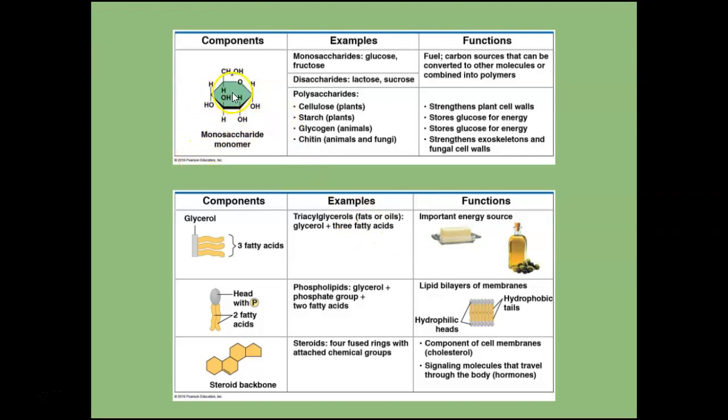Sugar monomers building polysaccharides. This lecture did not cover disaccharides, which are just two, di meaning two, monosaccharides bonded together. Sucrose, table sugar, and lactose, the sugar found in dairy products, are both disaccharides.